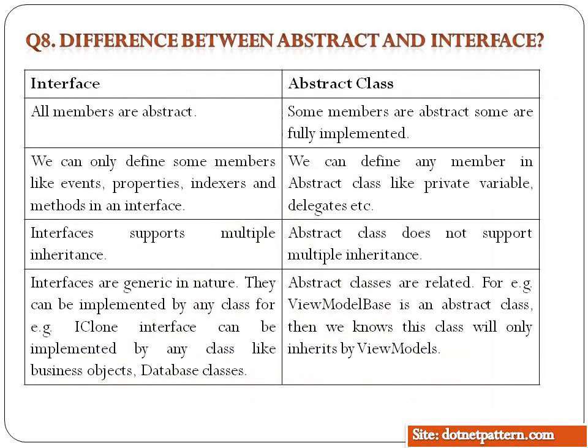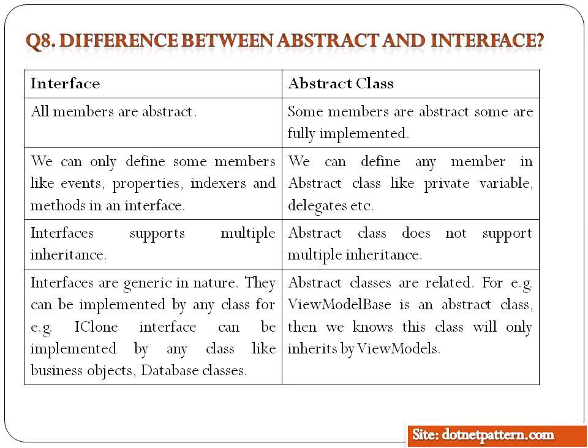Question 8. What is difference between abstract class and interface? In interface, all members are abstract. In abstract class, some members are abstract, some are fully implemented. In interface, we can only define some members like events, properties, indexes and methods. In abstract class, we can define any member like private variable, delegates, etc. Interfaces support multiple inheritance.